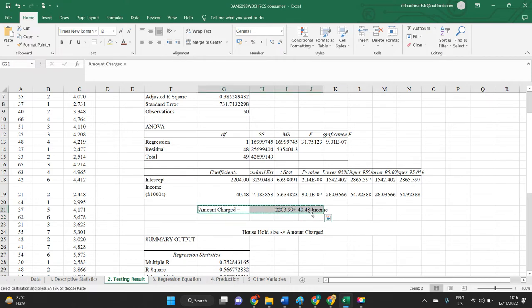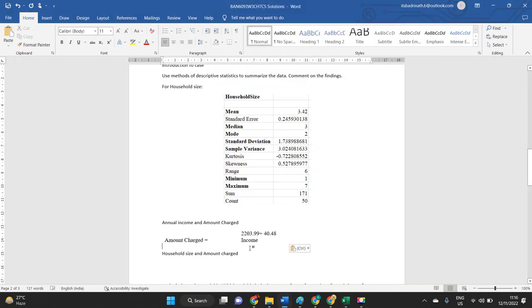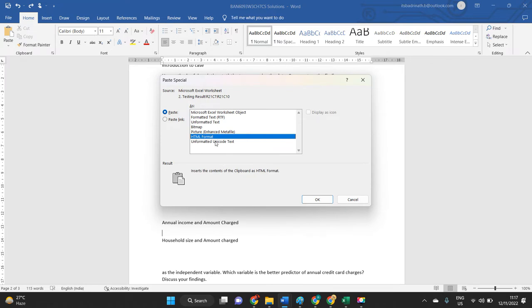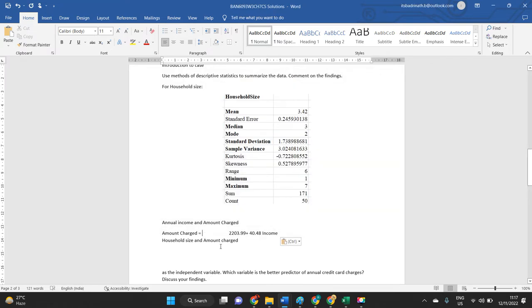This will be the equation: 220399.4448. I just copy it and paste it here. Press Escape, Control Z, then use Alt E S, Paste Special. It will become like the equation is this.